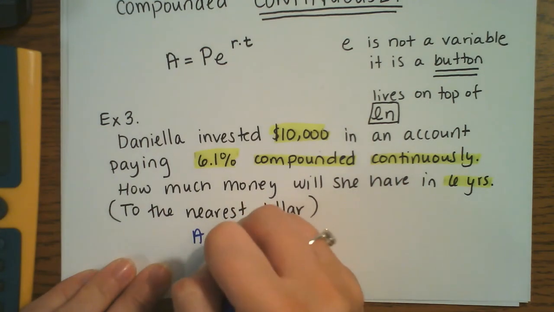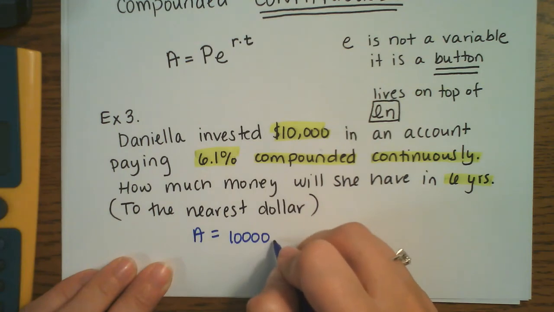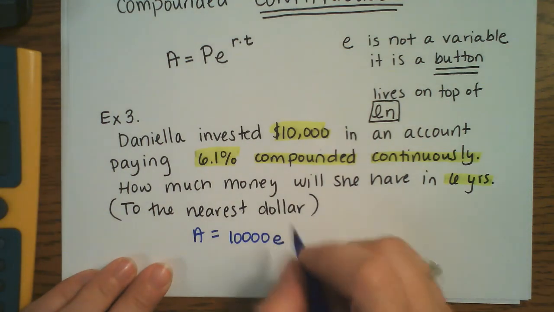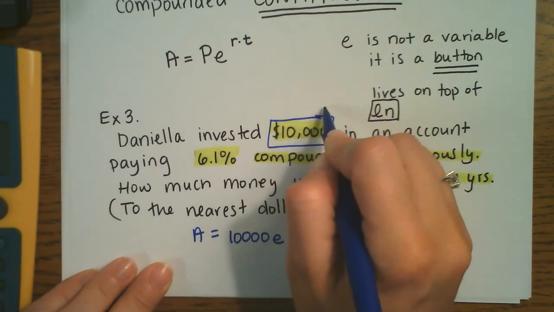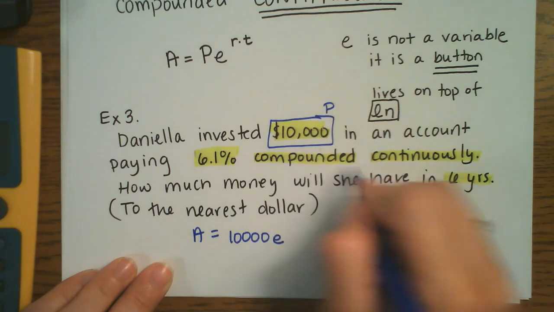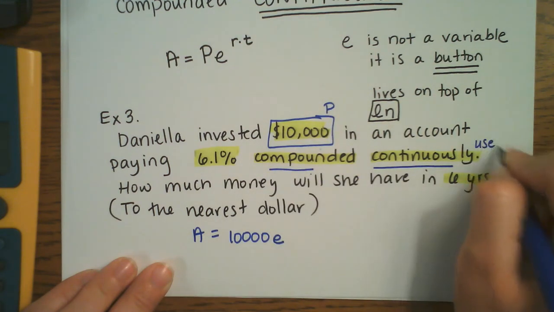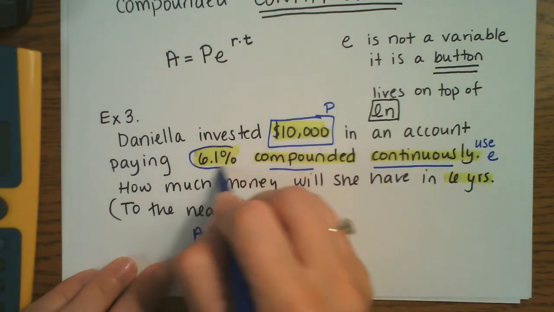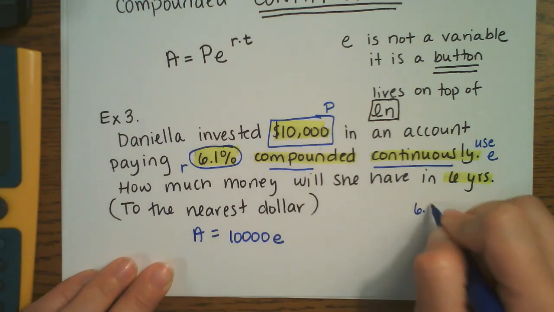So A will equal 10,000 times E, and we're going to have to change the rate by dividing by 100.